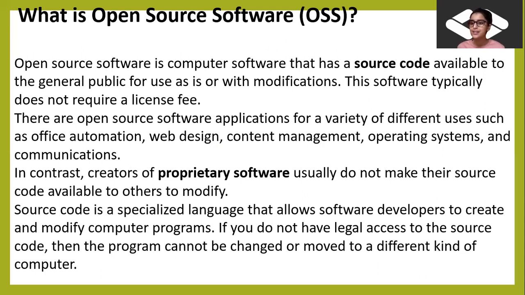But let's get a deeper insight into the difference. Source code is a specialized language that allows software developers to create and modify computer programs. If you do not have legal access to the source code, then the program cannot be changed or moved to a different kind of computer.